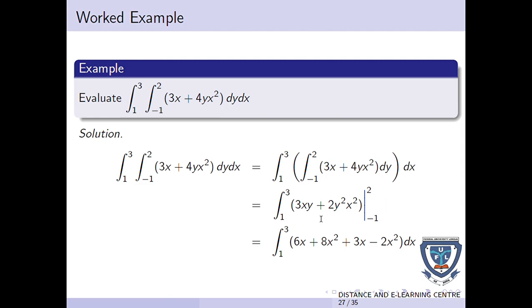When you do that properly, you're going to have the integral from 1 to 3 of (3x + 4y) squared over the interval -1 to 2.